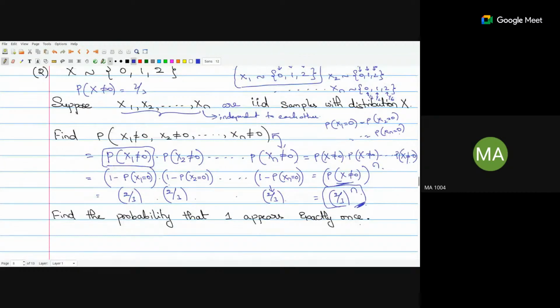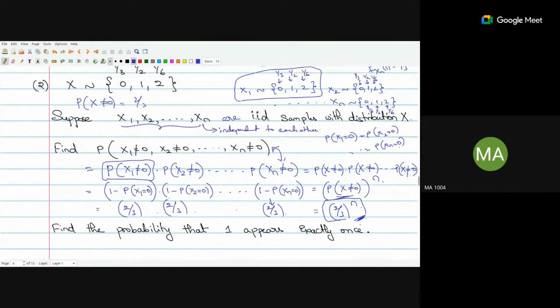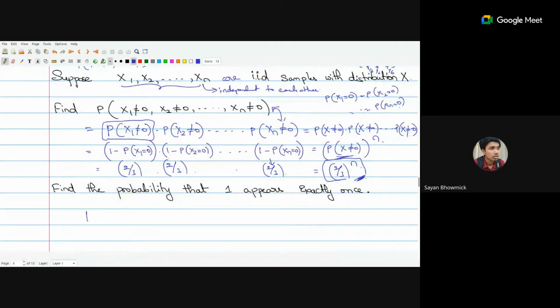The second problem is to find the probability that 1 appears exactly once. What do we mean by 1 appearing exactly once? Out of the n random variables, only one takes the value 1. So this means the probability that X1 not equals 1, X2 not equals 1, and so on, some Xi equals 1, and so on, Xn not equals 1.